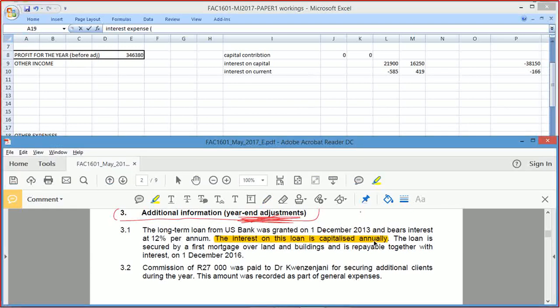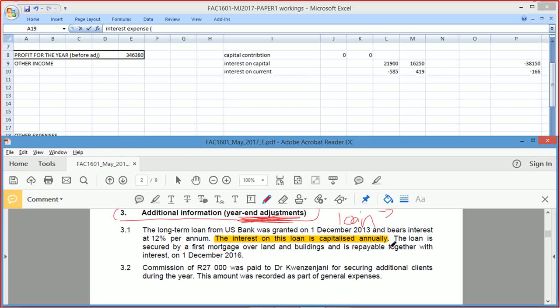They say the loan is capitalized. In non-current liabilities. Yes, that's right. Because they said here the interest on the loan is capitalized annually. So what does that mean? Well, that means the loan amount will increase every single year with the interest. Does that make sense?